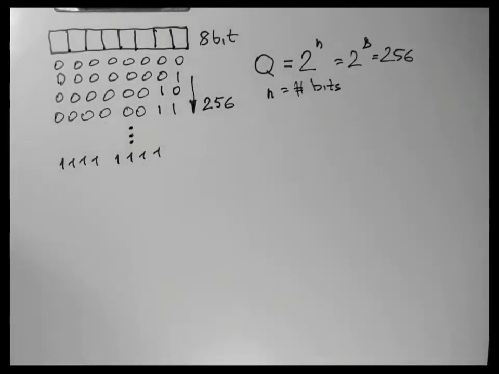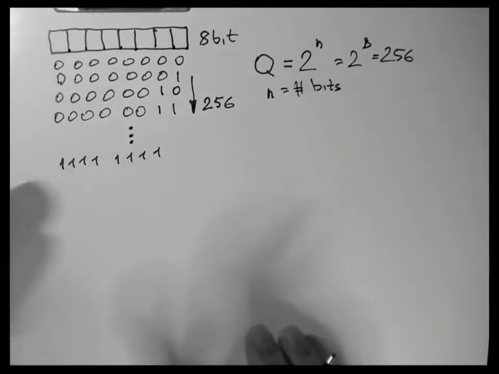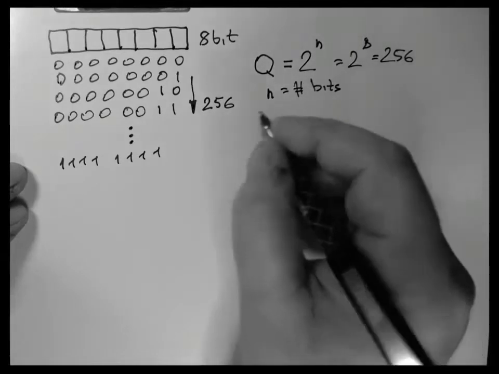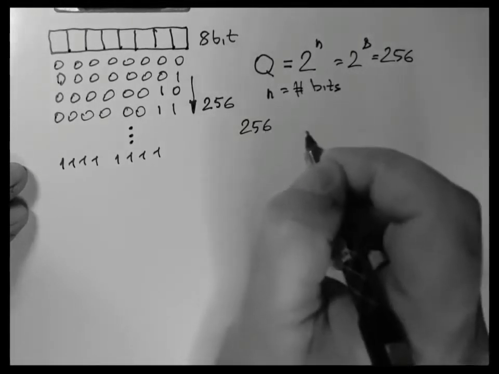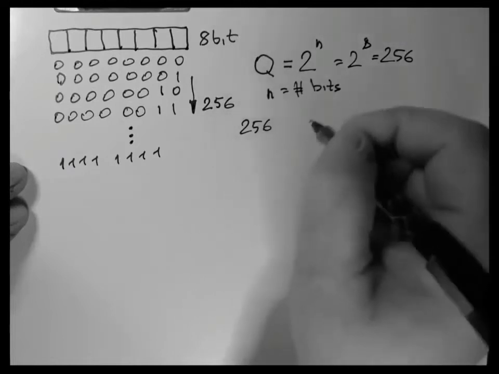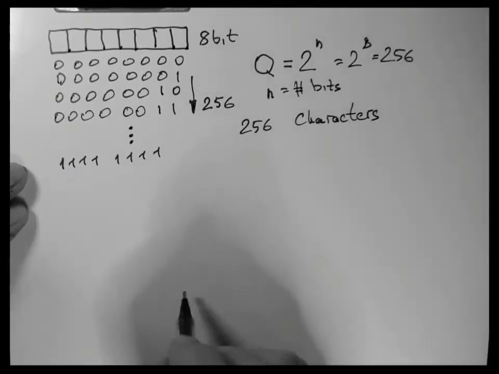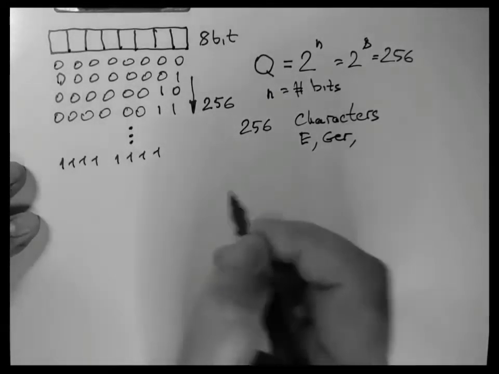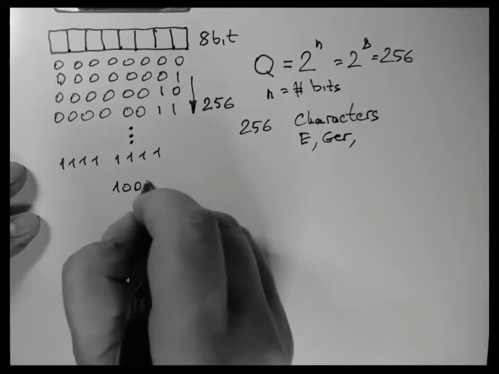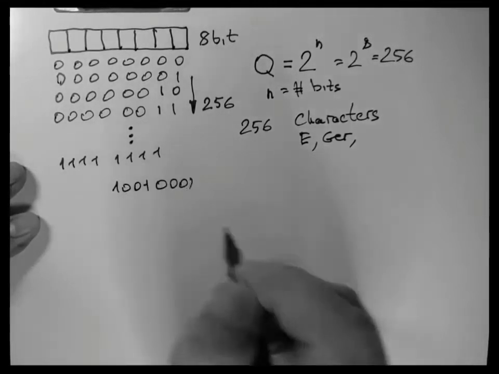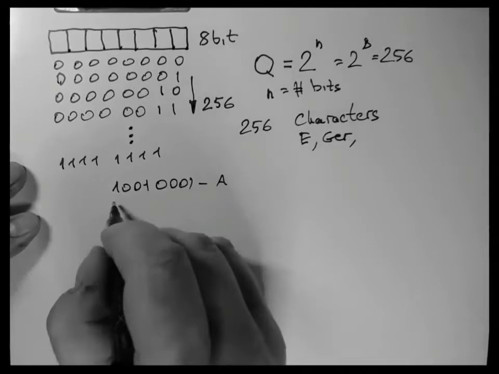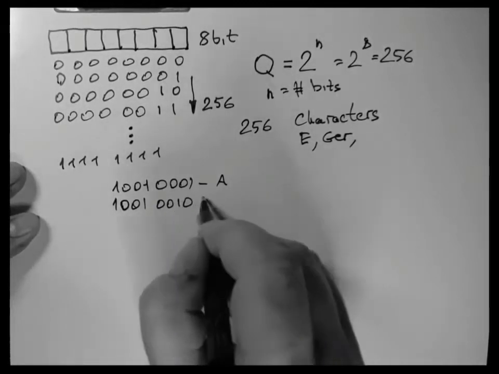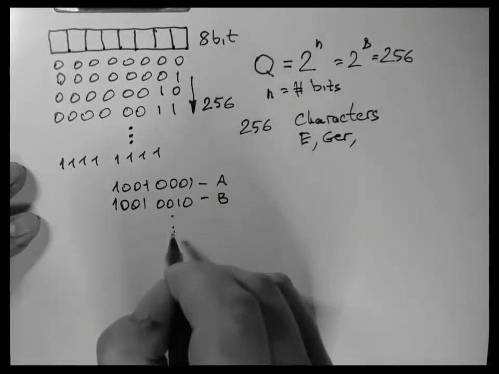So the designers of the encoding system considered that 256 combinations are suitable to place 256 characters of Latin-based languages. How does it look? The same way as I wrote here. So let's say for A, 1 0 0 0 0 0 0 1. That could be A, then 1 0 0 0 0 0 1 0 could be B, and so on and so on.